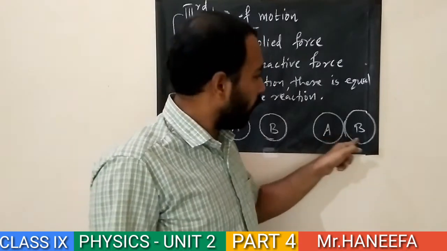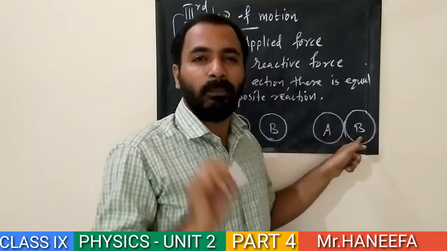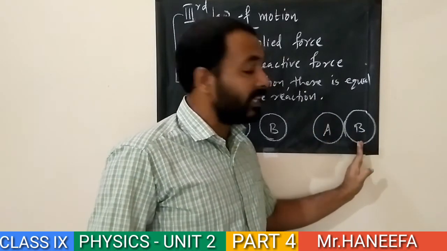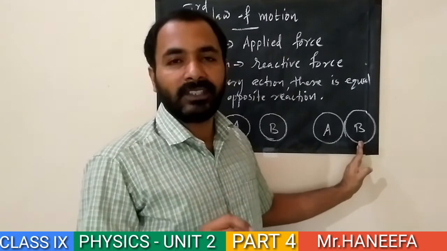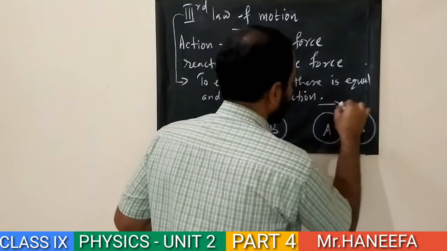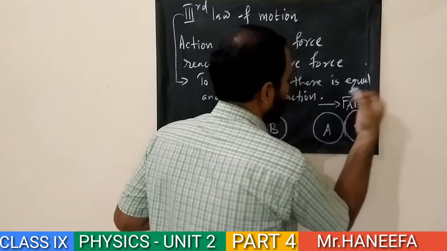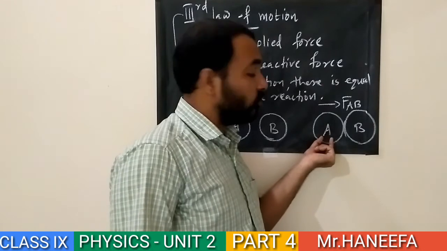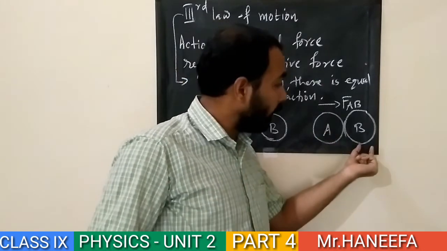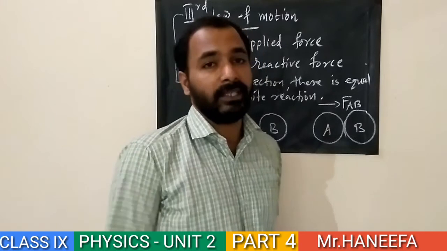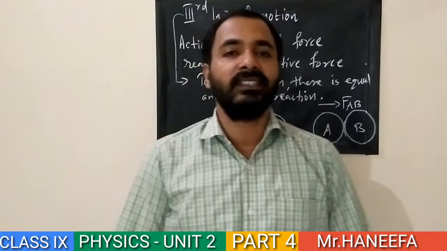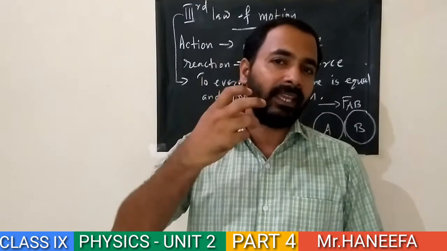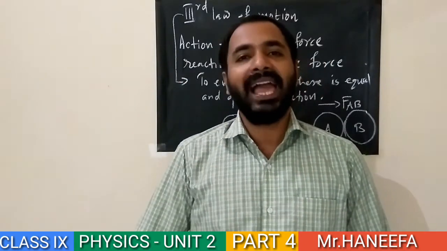A applies a force on B. That force is FAB. What is FAB? Force acting by A on B is FAB. This FAB is called action. What is the action? A force applied by A on B.